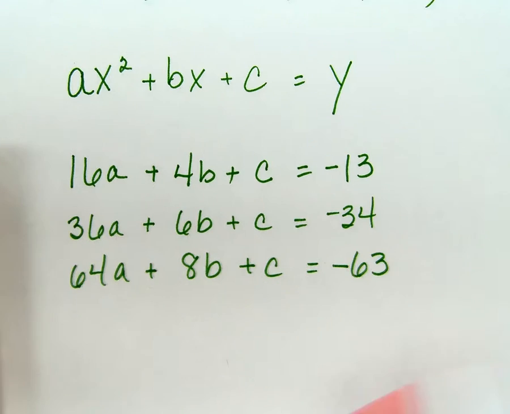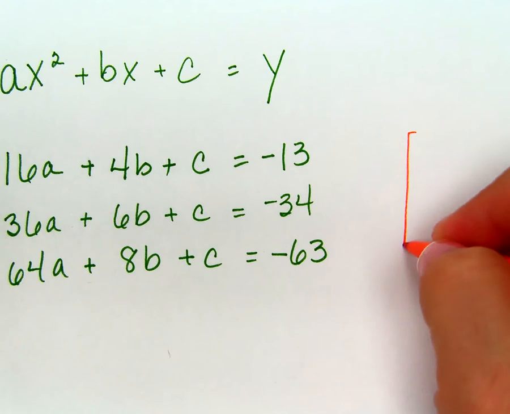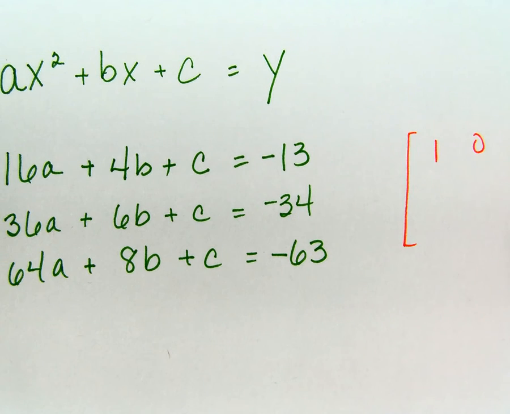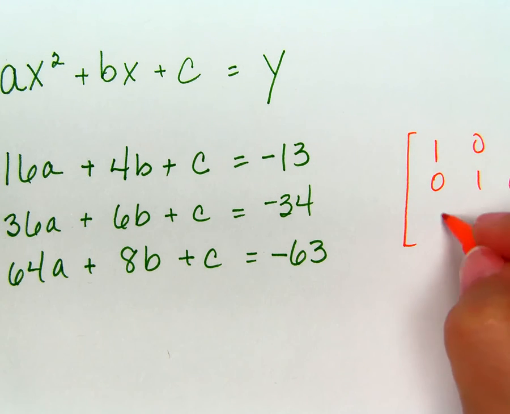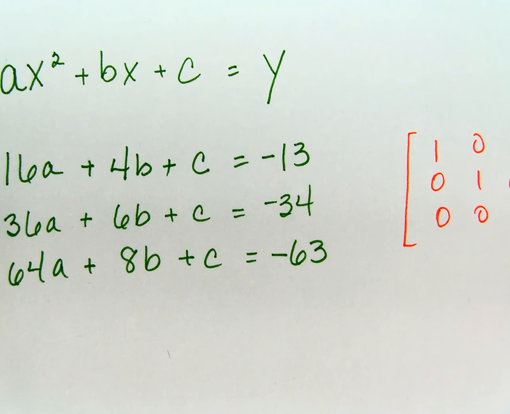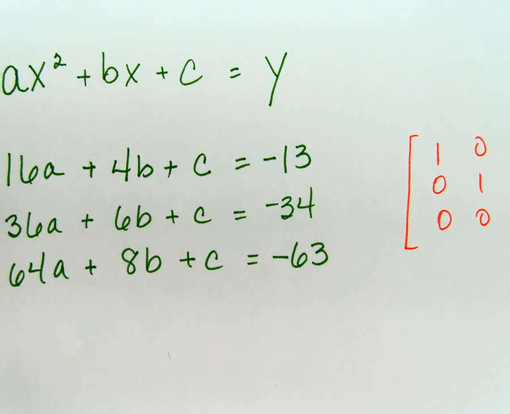So the answer that I got looks like this. 1, 0, 0, negative 1, 0, 1, 0, negative 1 half, and 0, 0, 1, 5. There.